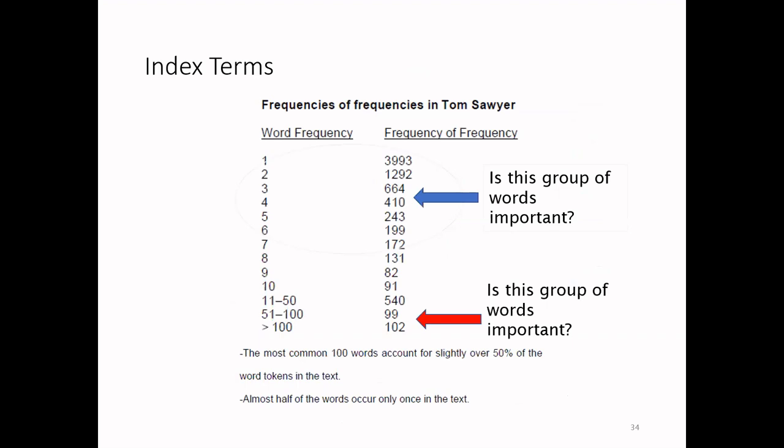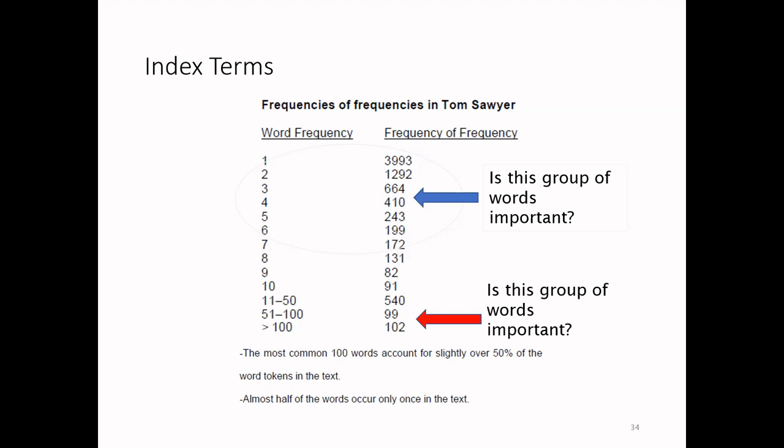So now if we start looking at word frequencies and frequency of frequencies, that means how many times a word is present. Obviously the words that are present many, many times, as we saw in table 1, are really not important.